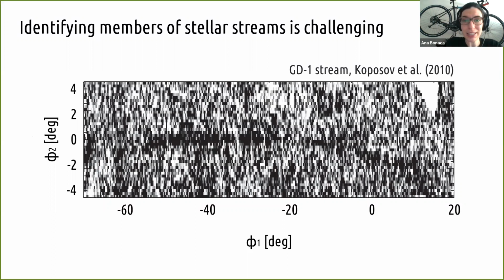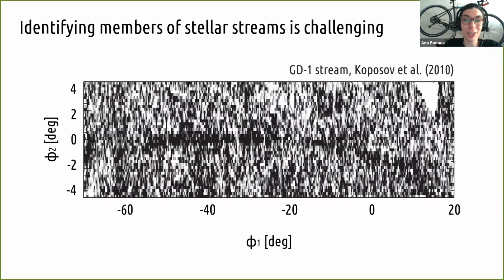And you can definitely see that there is an overdensity here. You can trace where the stream is going, but it is much harder to assess whether any of these density variations that appear to be here, like a gap or an overdensity, are actually associated with the stream.